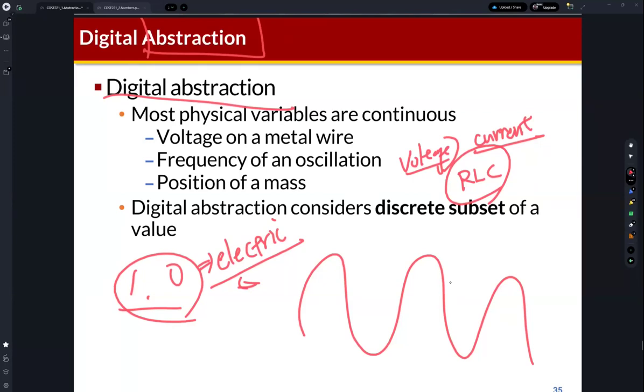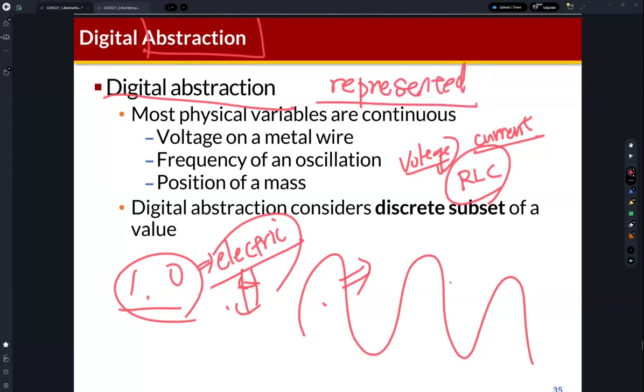So actually, we need to build an analog electric circuit, right? But this analog electric circuit can be represented as digital signals using digital abstraction.